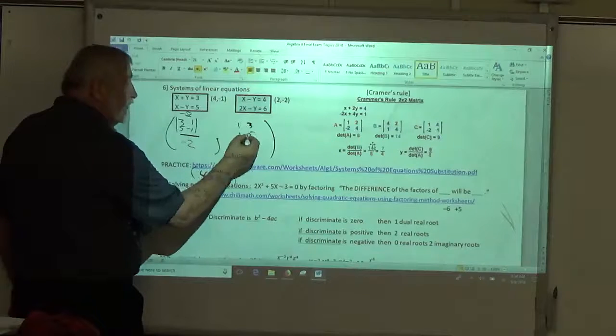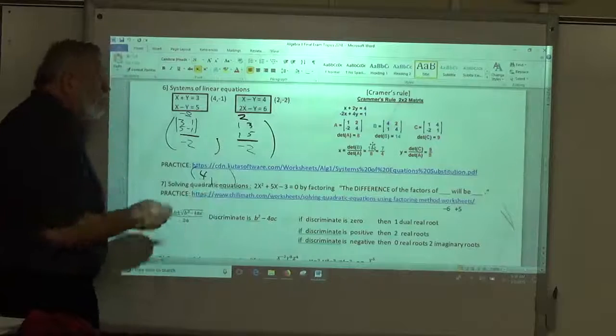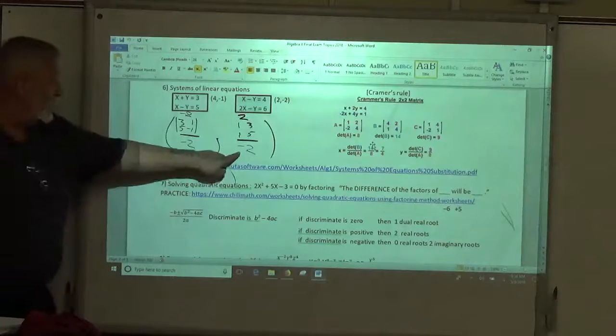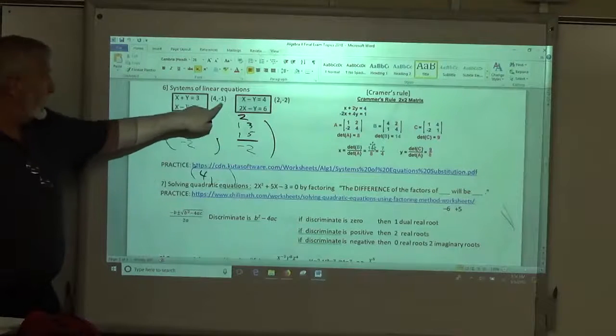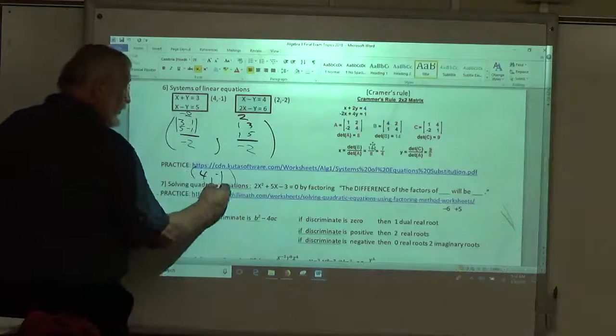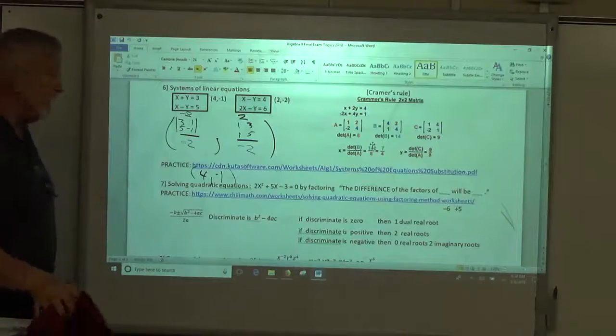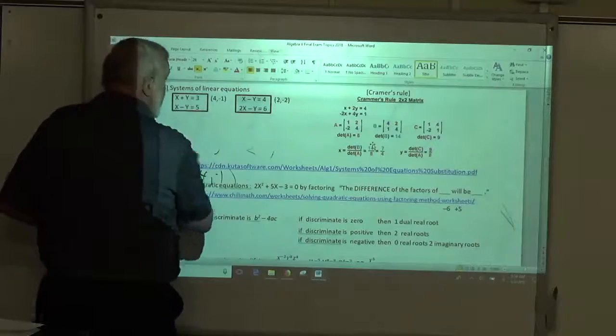So I go 5, subtract 3, which is 2. And what is 2 divided by negative 2? Negative 1. Okay? So I have 4, negative 1 as the solution. Alright, so let's see if we can do this other one.